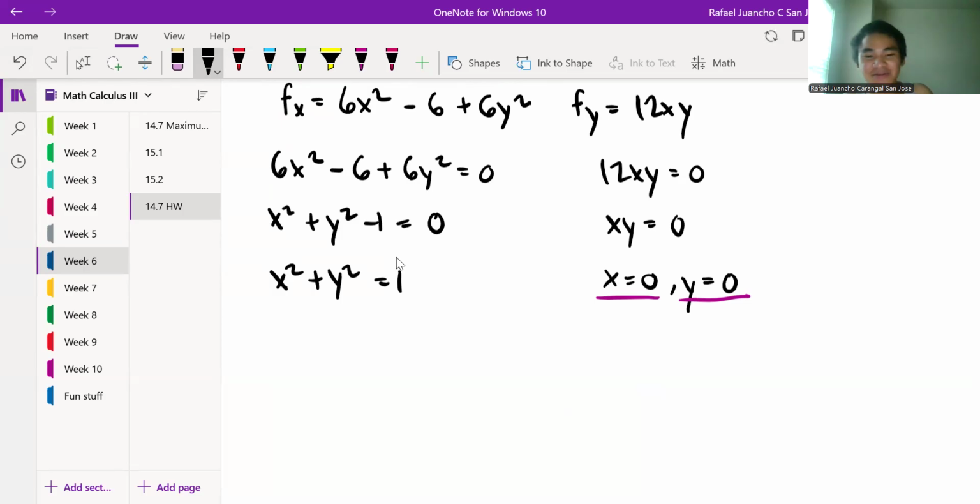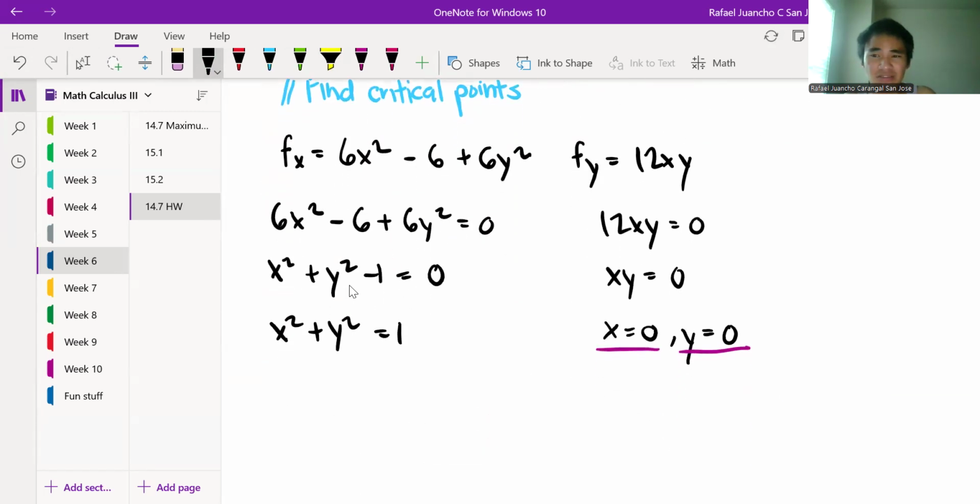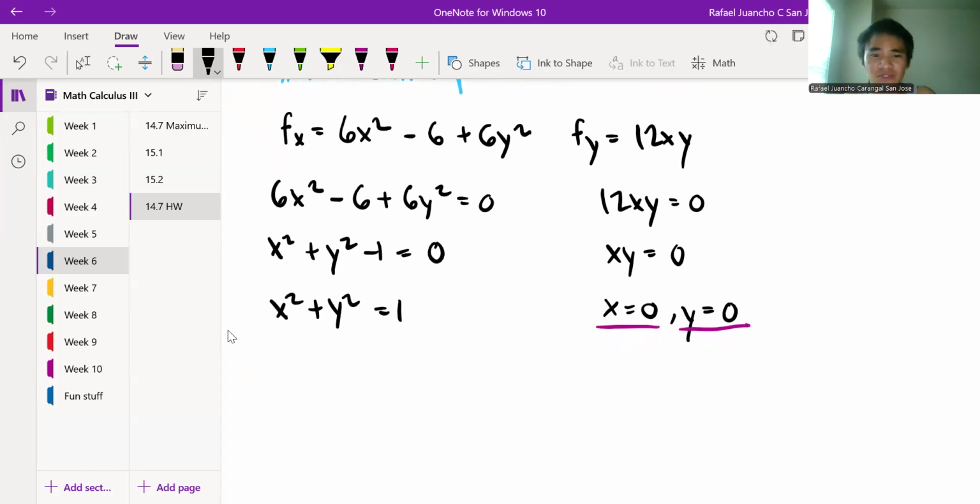What else can I say about it? I guess all of the points here within x and y. So what would that be? My x could be a 0, my y could be a 1, or vice versa.